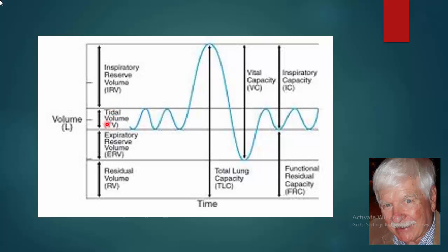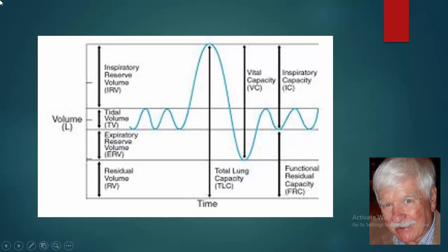Tidal volume, normal breathing. Inspiratory reserve volume, the extra you can take in after a normal breath in. Expiratory reserve volume, the extra you can breathe out after a normal expiration. And then residual volume, the amount that is left in the lungs permanently. You can't get that out no matter how hard you try.